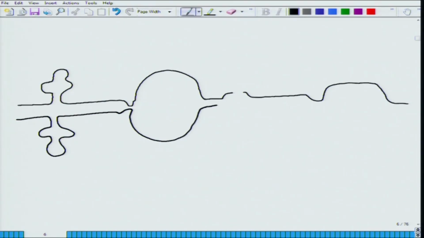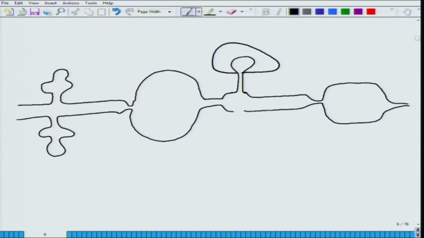From the stomach it moves through. Here you have the pancreatic and liver connection. This is the large intestine, and here you have the anus, and on this side you have the gallbladder, and here you have the liver, and on this side you have the pancreas.